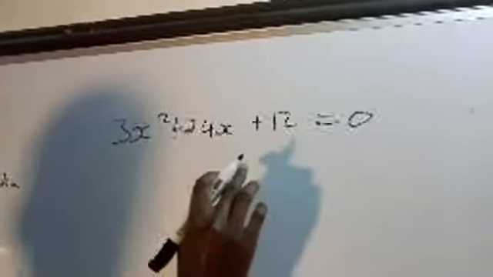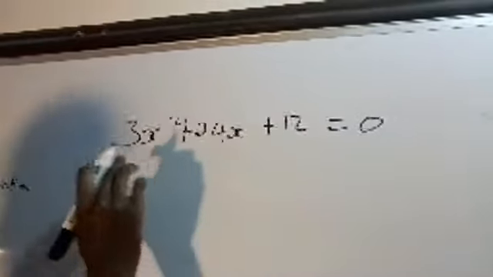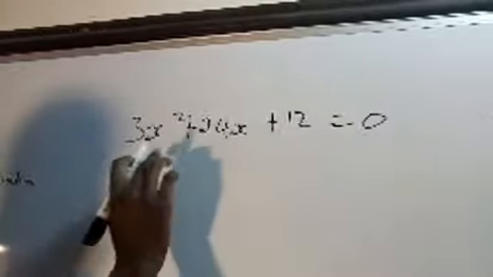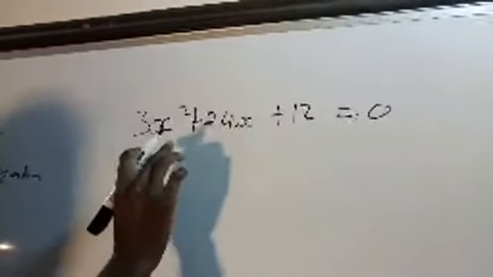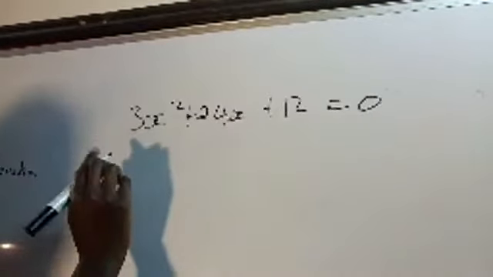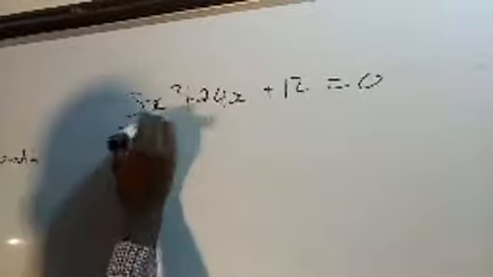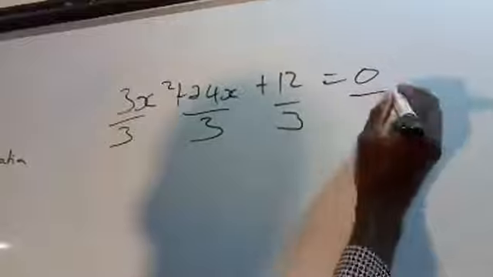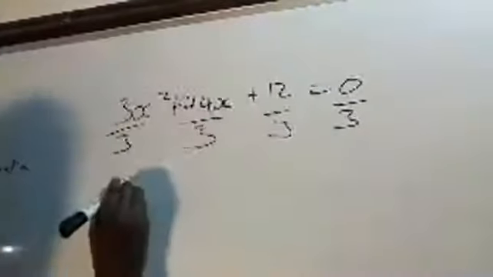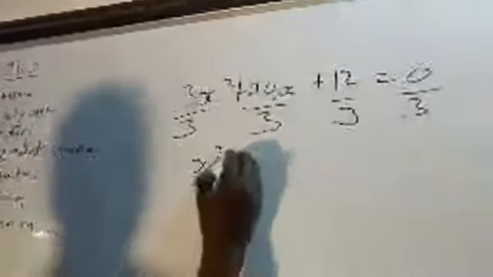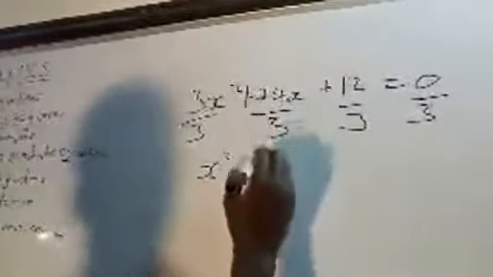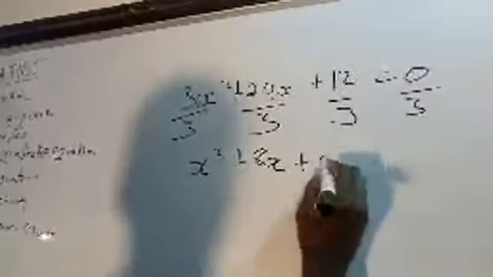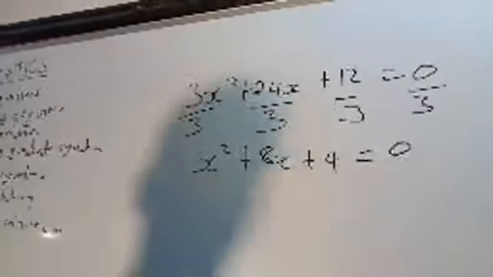Since this is an equation, we need to make the coefficient of x squared a positive one. We are going to divide throughout by 3, becoming x squared plus 8x plus 4 equaling to 0.